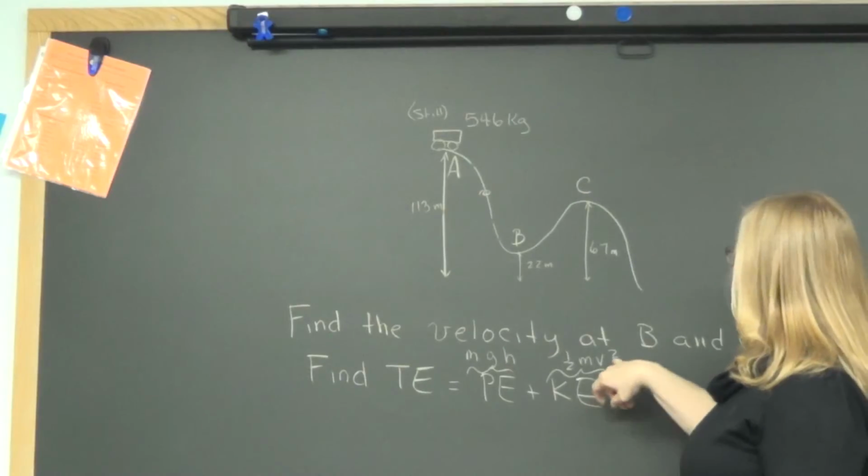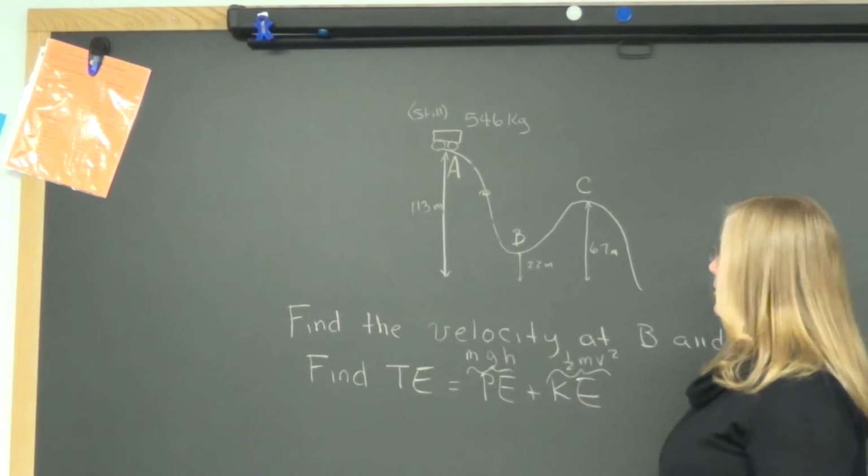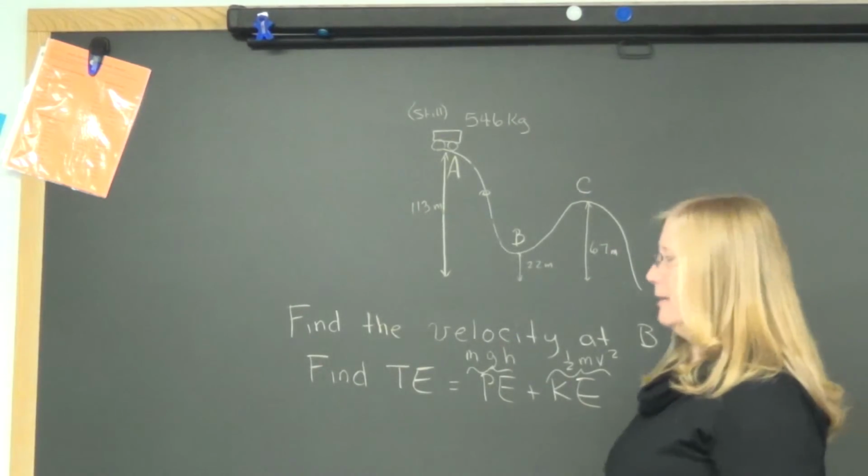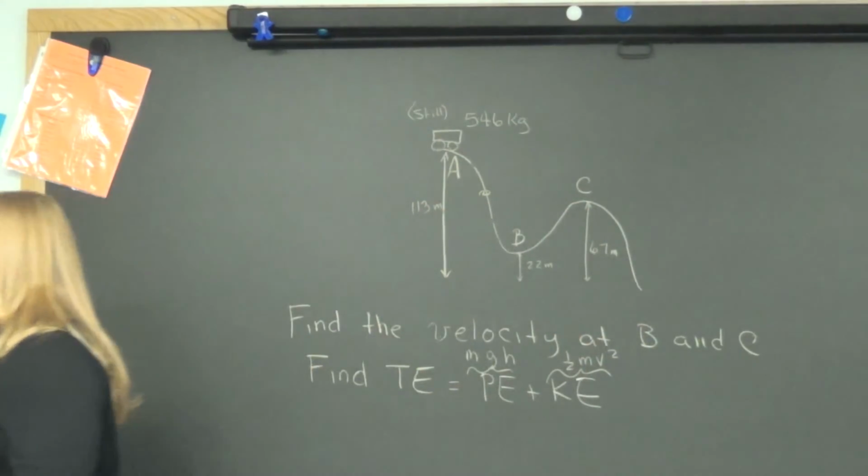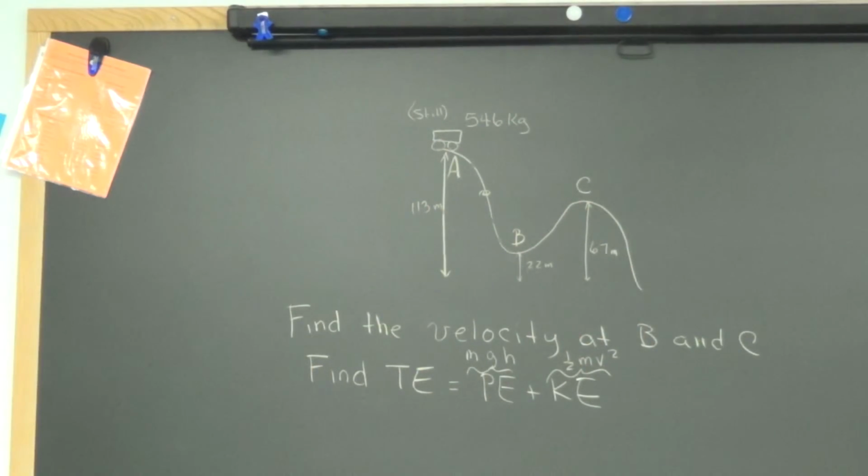But right now, we don't know velocity at that point, so we can't do it right this second. Do we have total energy right now? No. We have everything else, but we don't have velocity. So where can I go to find total energy where I don't need velocity? C would be the same case.